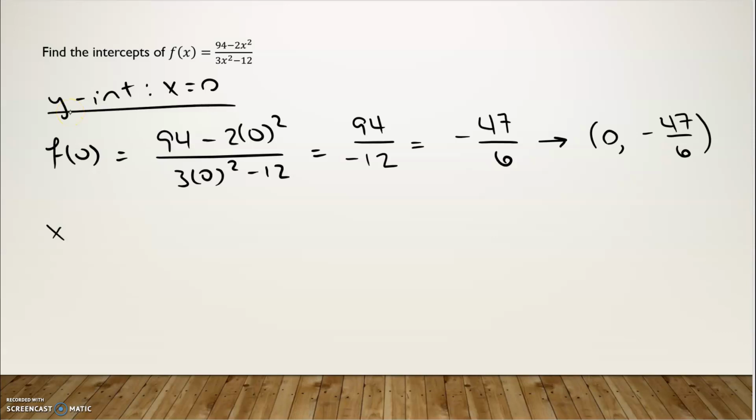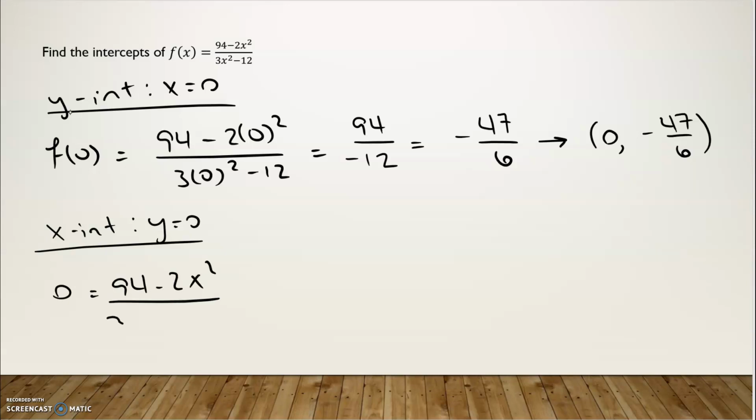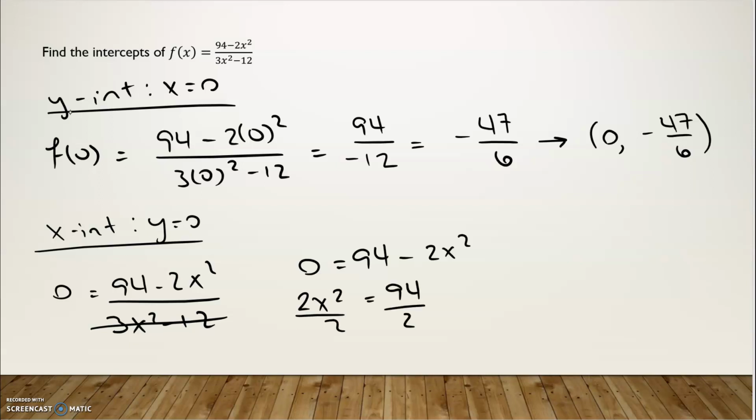Okay, now let's find our x-intercept. So 0 is equal to 94 minus 2x squared over 3x squared minus 12. Again, I don't care about this right here. I just care about the numerator being set to 0. So I'm going to move 2x squared over, divide by 2.